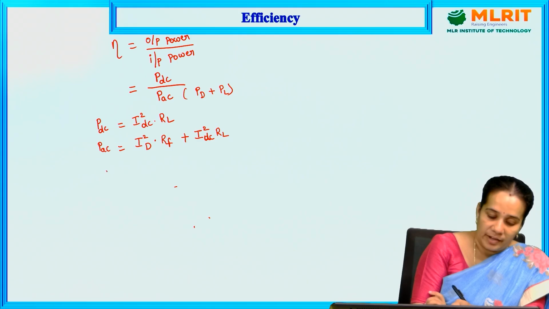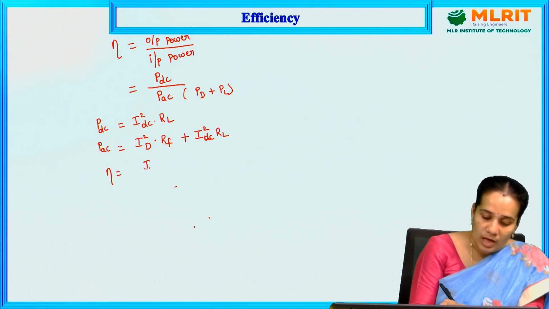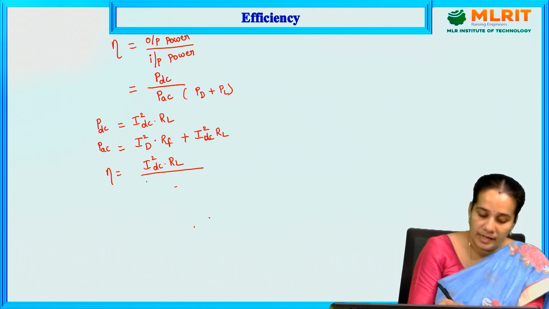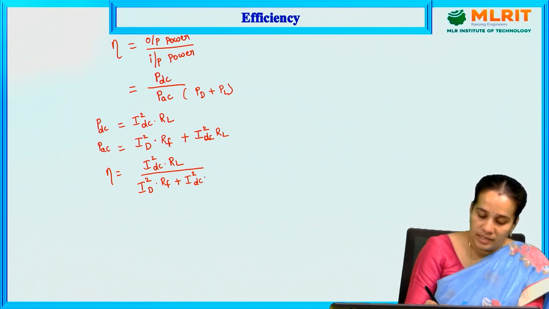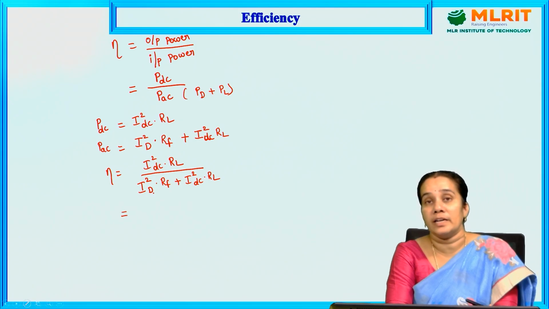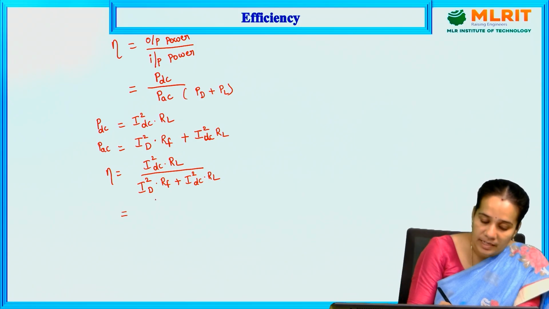Now, the efficiency eta is equal to I square DC into RL by I square D into RF plus I square DC into RL. The current at the diode is nothing but the AC current, so here we have to take the IRMS value.